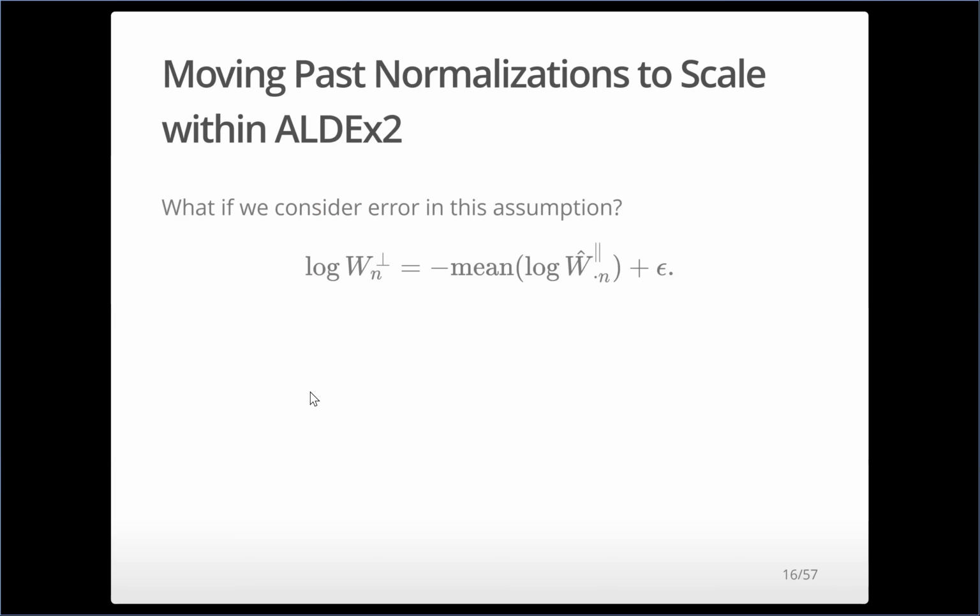All right, so what can we do about this? The whole point of the updates to the ALDEx2 package is that we're going to move past that CLR step and replace it with scale. So instead of considering our geometric mean assumption as exact, what if we considered errors in it? What if instead of saying the scale is the geometric mean, we say the geometric mean is not a bad place to start, but I'm not really certain that's going to capture it.